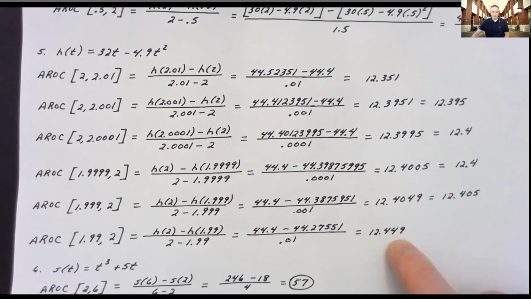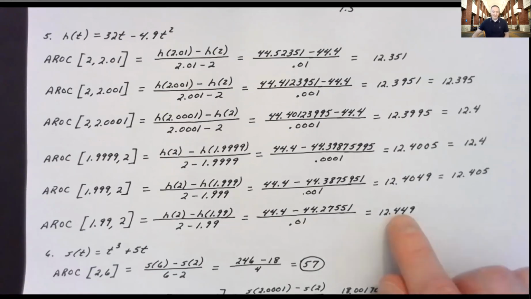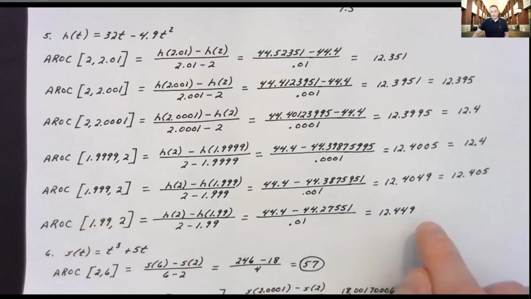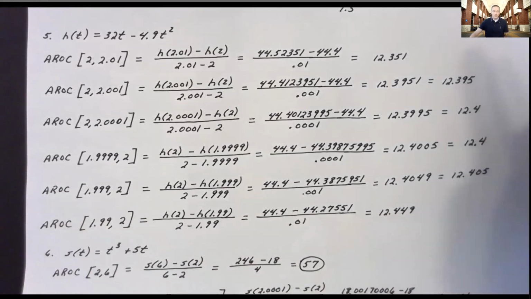Yep, gorgeous. So the least accurate estimation for those that's before 2 is when we just do a 1/100th of a second time differential. And I say least accurate, but it's still pretty close. If you had to round any of these to 1 decimal place, you're going to get the answer of 12.4. So to 1 decimal place, you get it no matter which one you use.